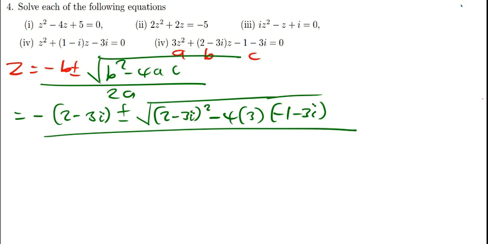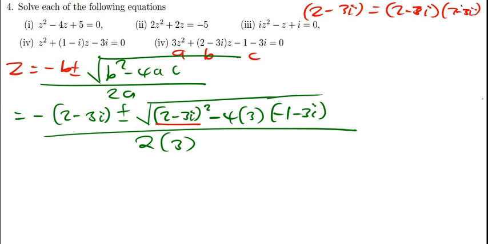Everything divided by 2, our A is 3, like that. The best thing to work out this one is to expand this part. So 2 minus 3I is the same as 2 minus 3I, again 2 minus 3I, like that.